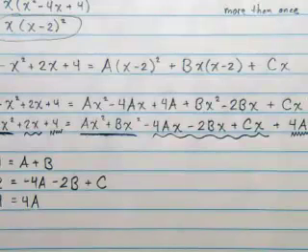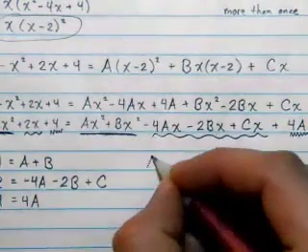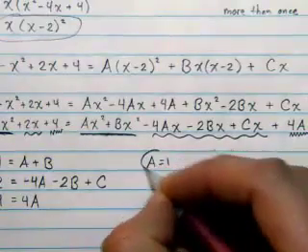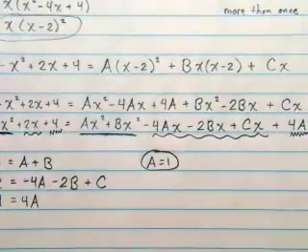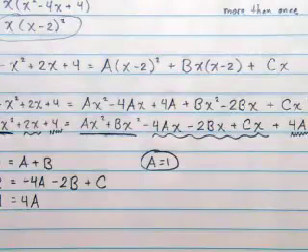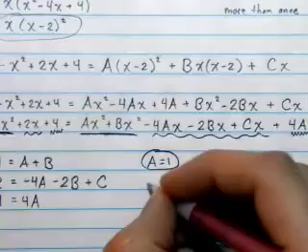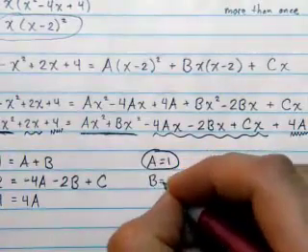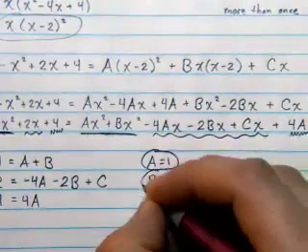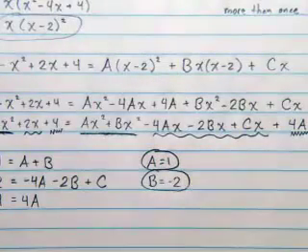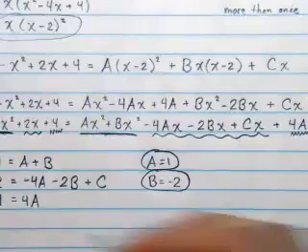So just looking at this, what is the value of A? 1, right? What's the value of B? Negative 2, right? And if A is 1 and B is negative 2, maybe we should plug into that one at least.